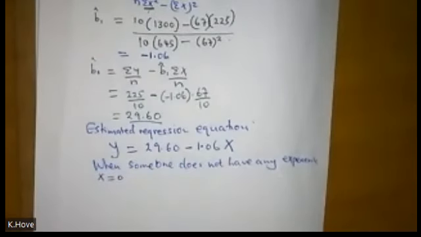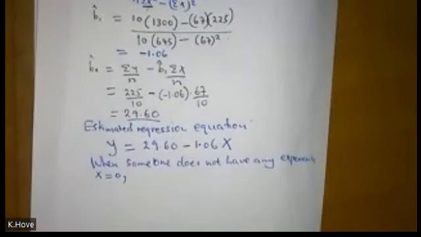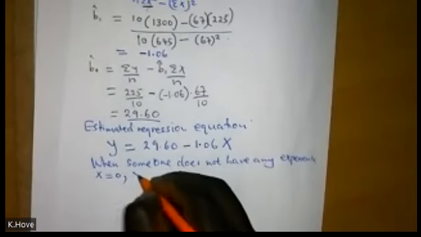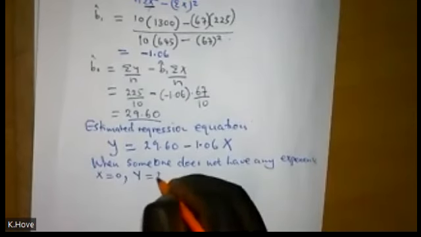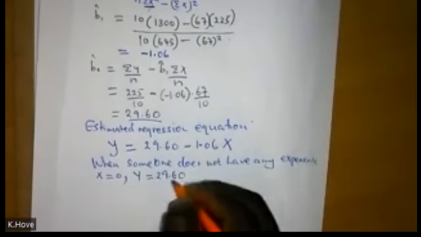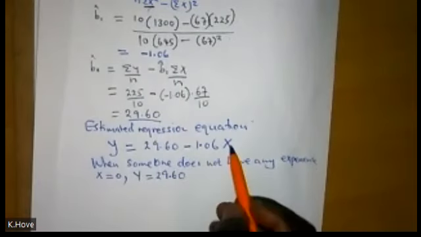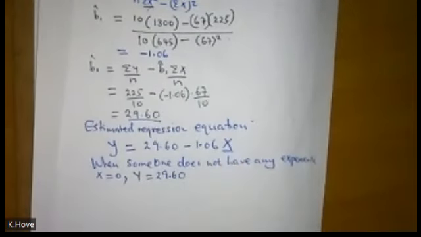Remember, experience is represented by x. So when someone does not have experience, he takes 29.60 to assemble the item. For somebody who has no experience at all, that person will take about 29.60 to assemble the item.